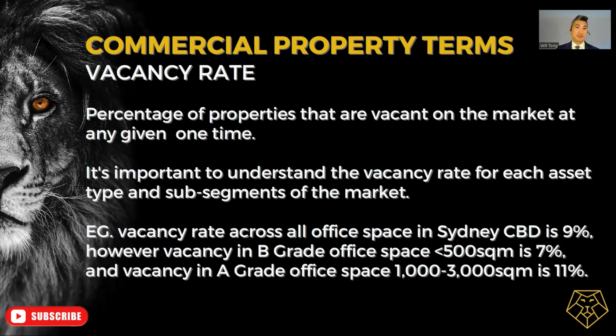Okay, and this can be applied to all different asset types as well, retail, industrial, et cetera. So why is this important? Because each sub-segment of the market has its own drivers and its own stories. Okay, so as a sophisticated investor, it is very important to know the ins and outs of each sub-segment as well.